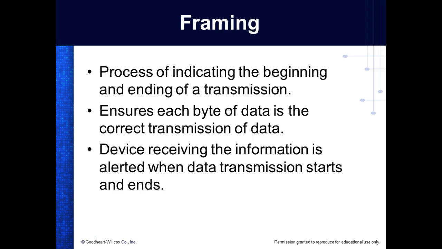This really comes into play on a baseband network like Ethernet, because you can't have somebody transferring 1 billion bytes of information and have control of the network the whole time. So they send a packet and then they release the network, right? You understand? That's what they're talking about, framing.